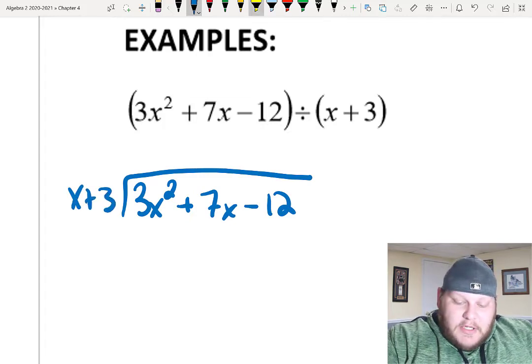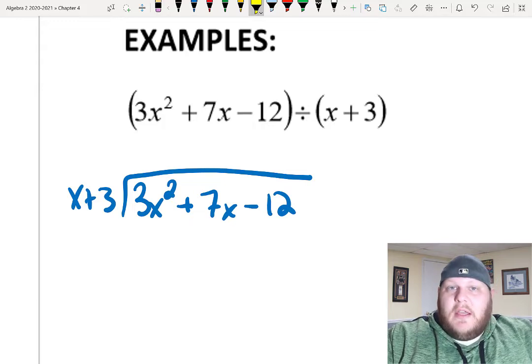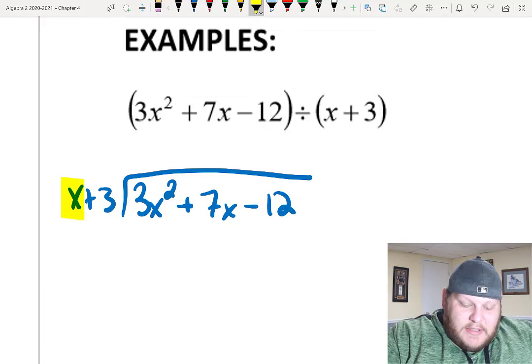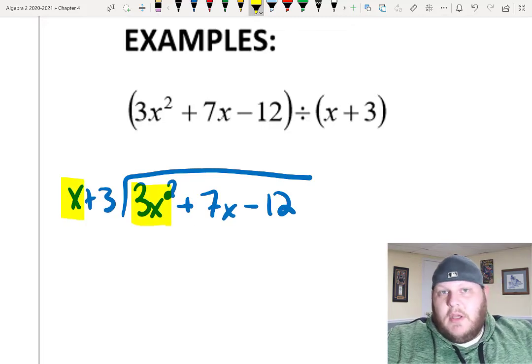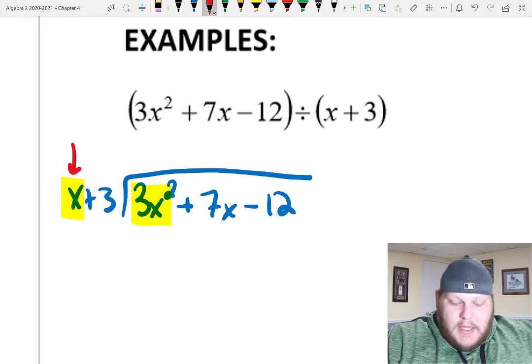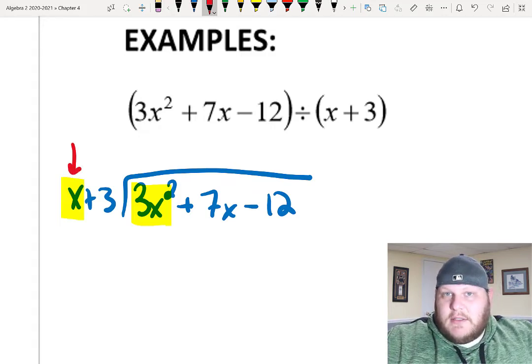Now when I do this for long division, I focus on just the leading terms. What do I have to multiply this leading term by in order to match the other leading term? So what I have to multiply x by to get it to match perfectly up with 3x squared.